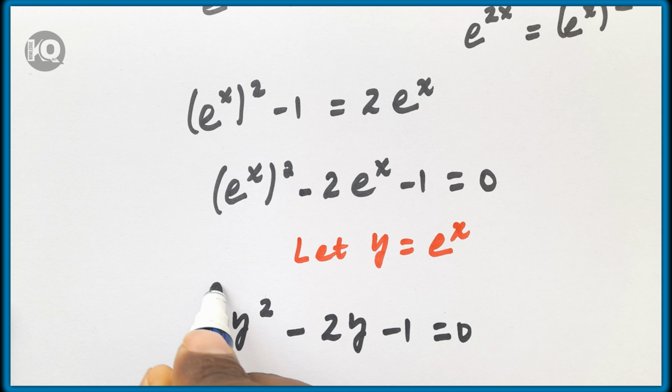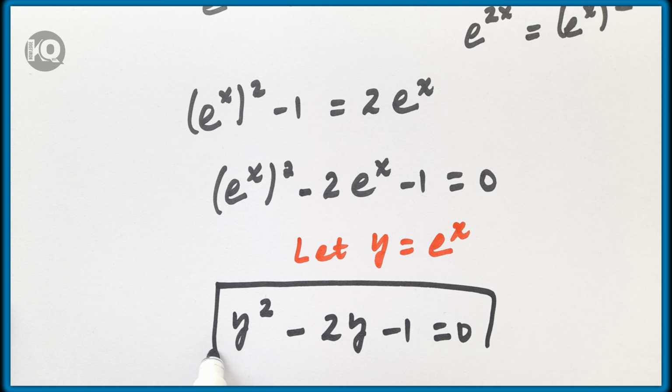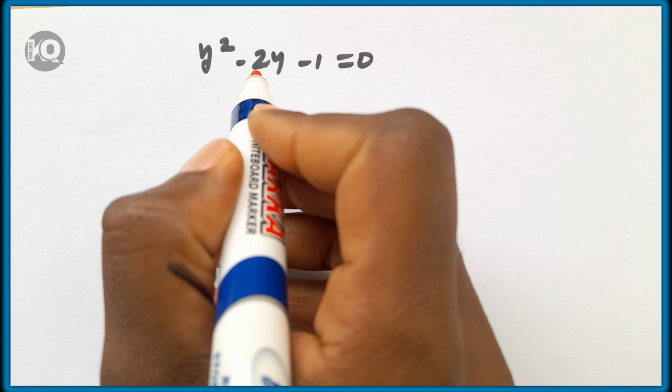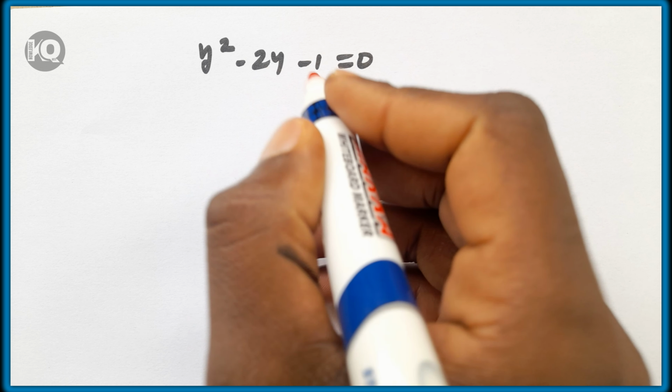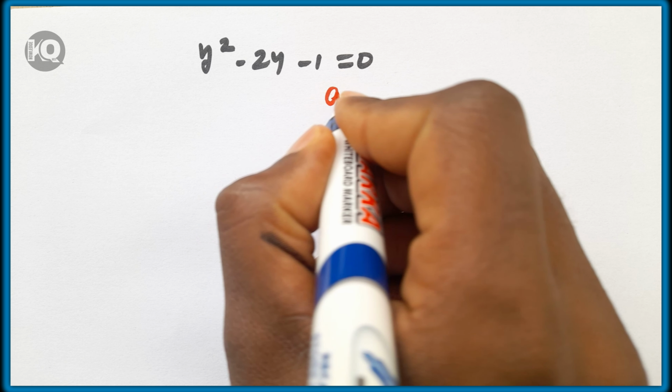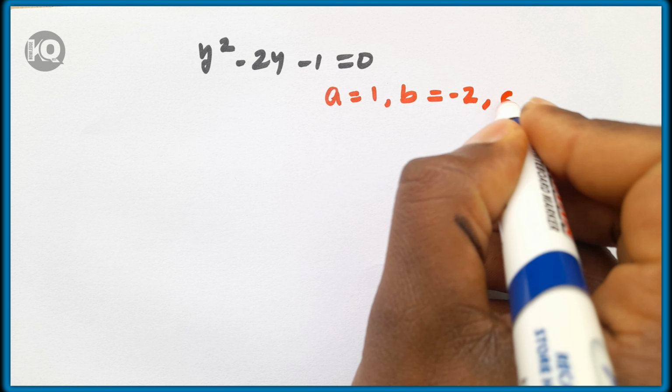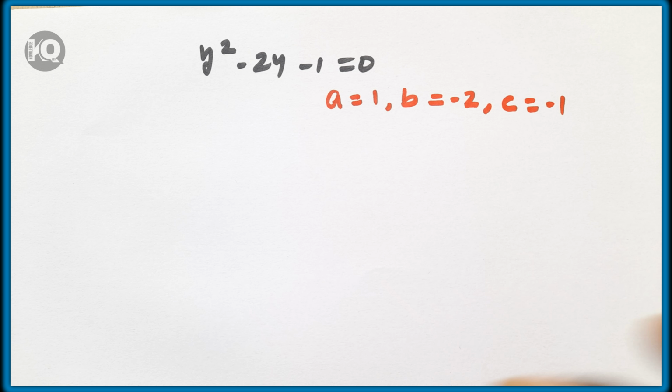So we have a quadratic equation, and we can solve it by using the quadratic formula. So we have y squared minus 2y minus 1. Let's identify the coefficients: a is equal to 1, b is equal to minus 2, and c is equal to minus 1.